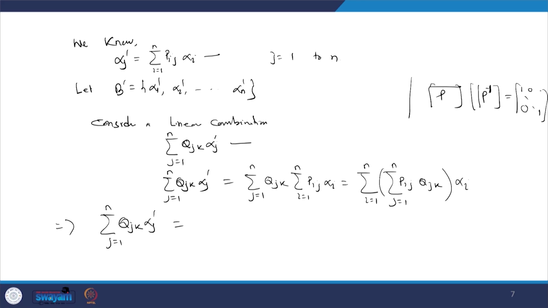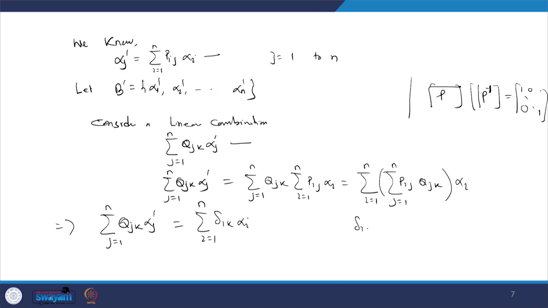So, this implies that I can write this is equal to simply sigma i equal to 1 to n delta i k alpha i.